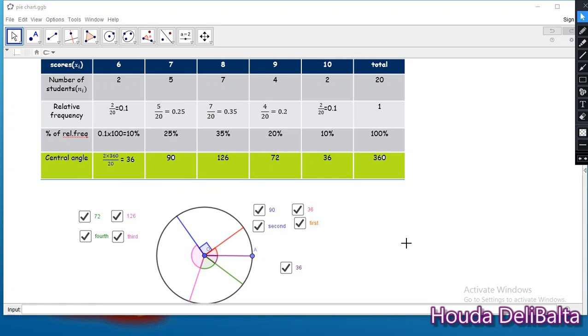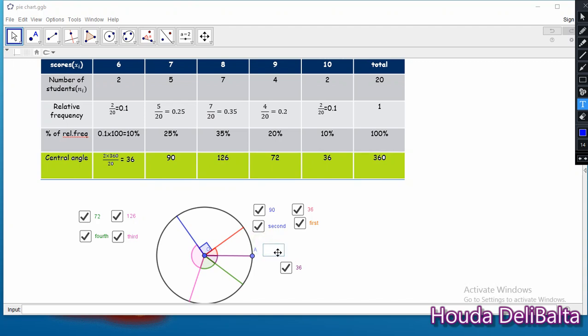Now, if the question was to draw the frequency pie chart, all I have to do is distribute the values outside, and inside I have to write the frequency corresponding to each value. So let's start.